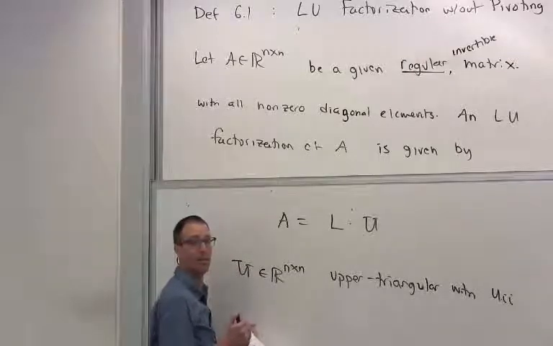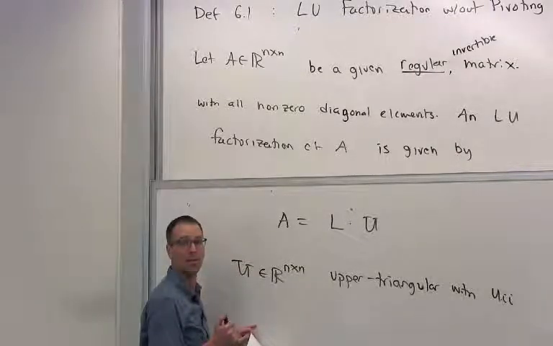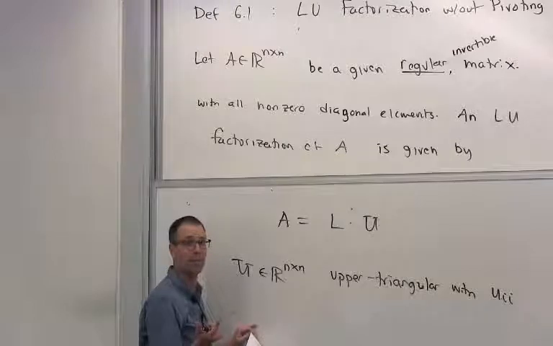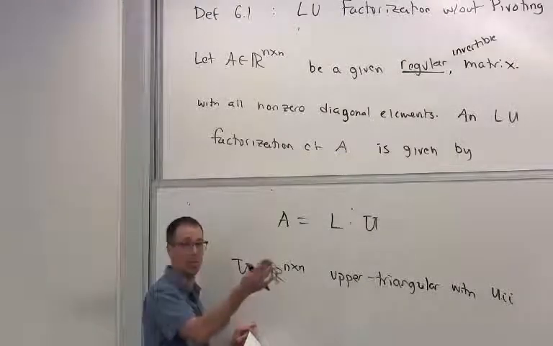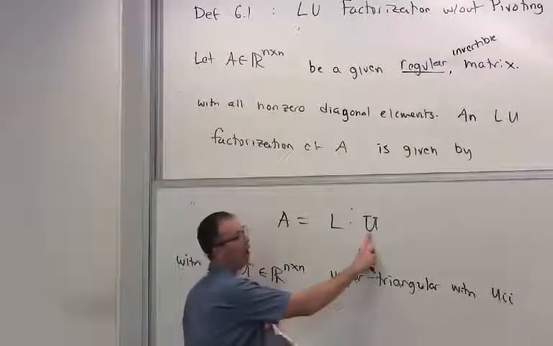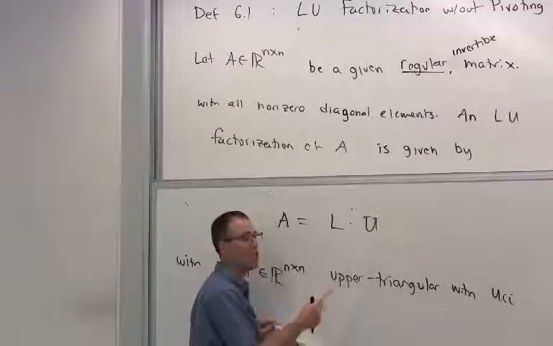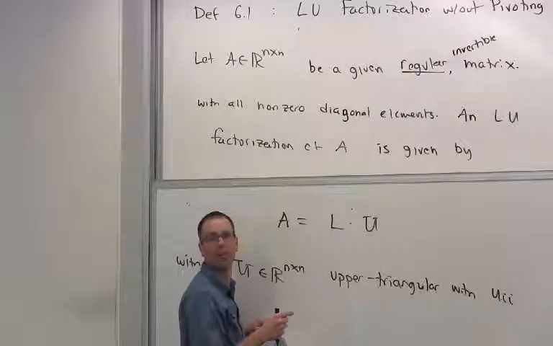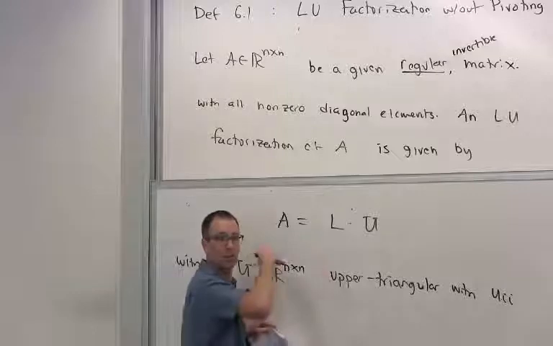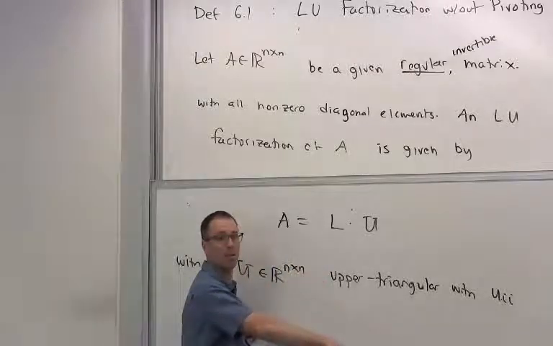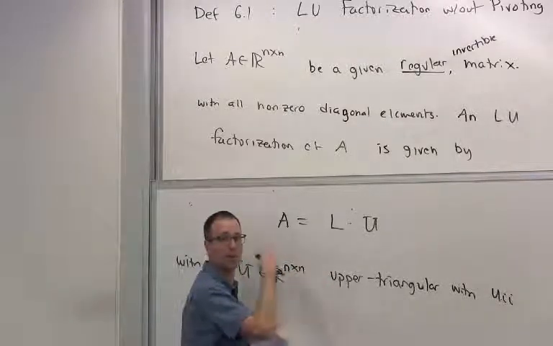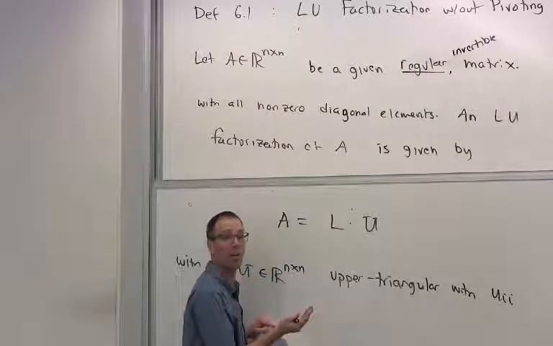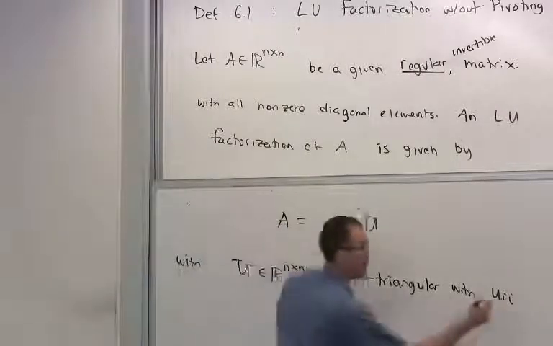A lot of stuff. The inverse exists, the columns are linearly independent. If you have an upper triangular matrix, what's one way that you can really, really quickly tell if an upper triangular matrix is not invertible? The diagonals are non-zero. You got it.